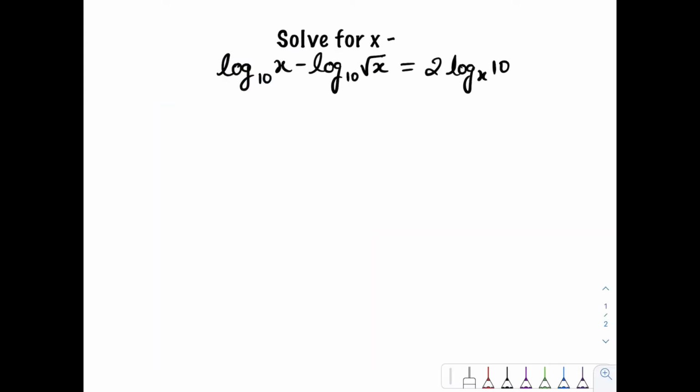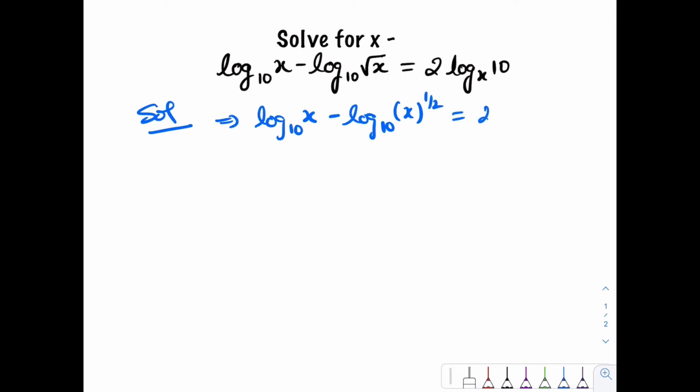Solve for x. log base 10 x minus log base 10 root x equal to 2 log base x 10. So this we can write like log base 10 x minus log base 10 root x, we can write x raised to the power 1 by 2, equal to 2 log base x 10.